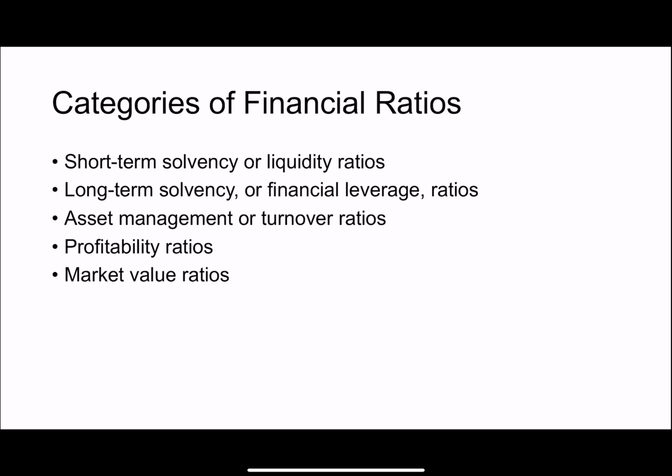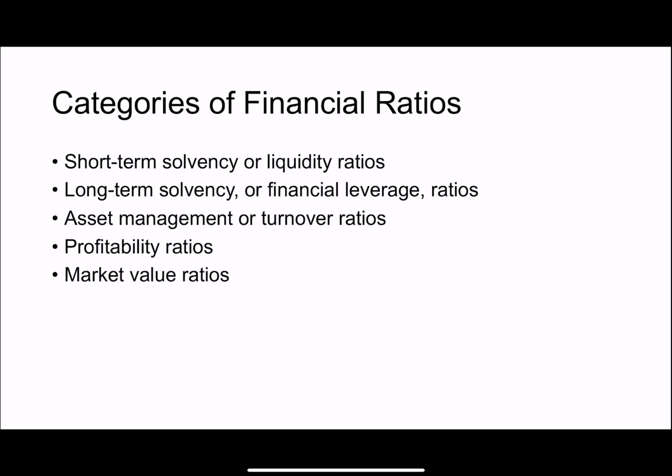let's look at various categories. As I mentioned, ratios are organized in groups or categories that are logical. They make sense. Again, just like in the medical profession, you have various systems of the body: the cardiovascular system, the neurological system, the digestive system, and so on. The same is true of the firm.